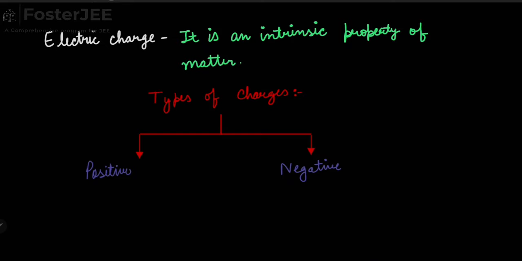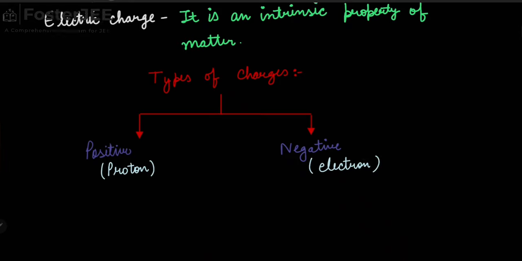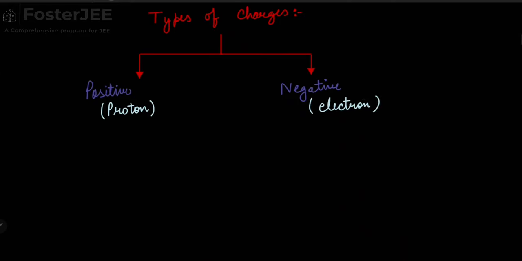Also, the most fundamental particle for carrying positive charge is proton, and the most fundamental particle for carrying negative charge is electron. Both these particles have charge of magnitude e. The difference is proton has a charge of plus e and electron has a charge of minus e.